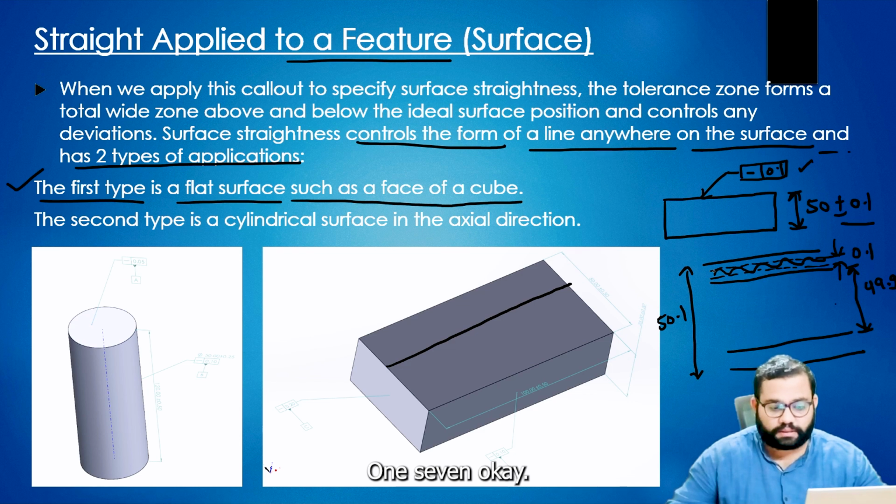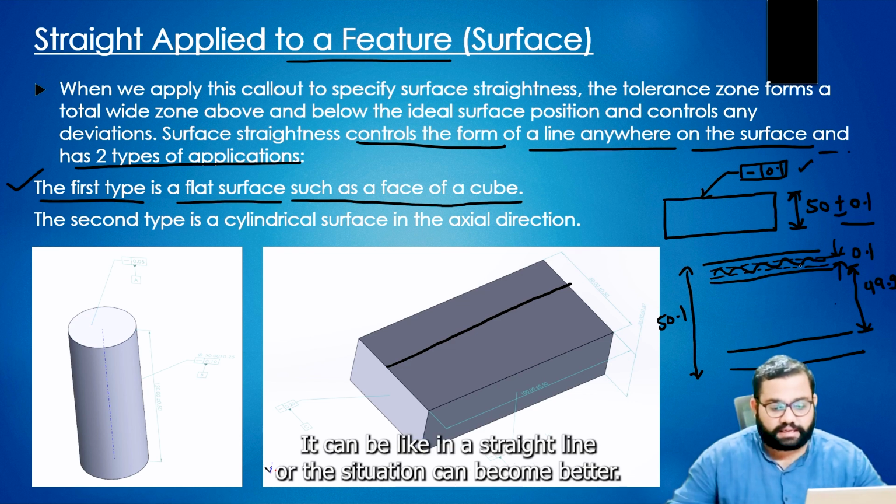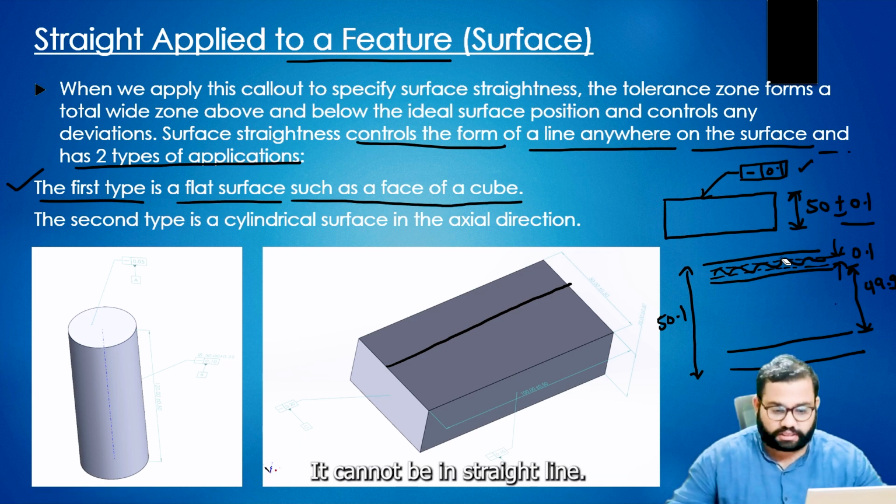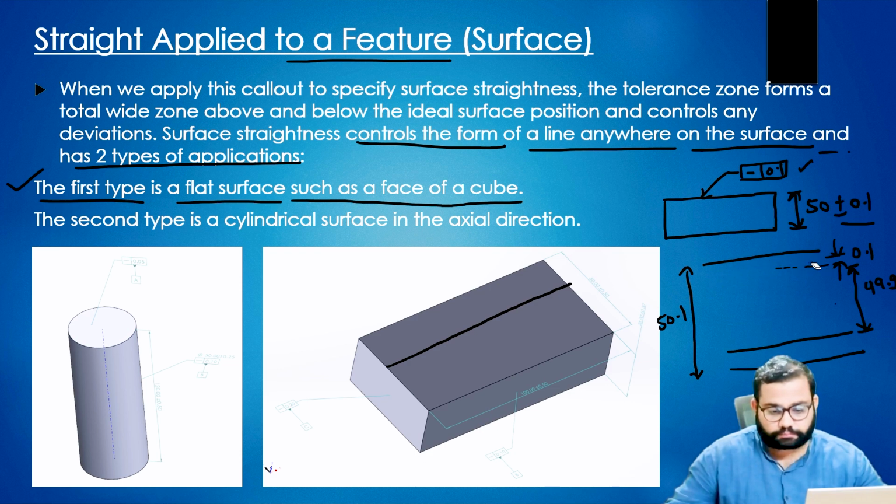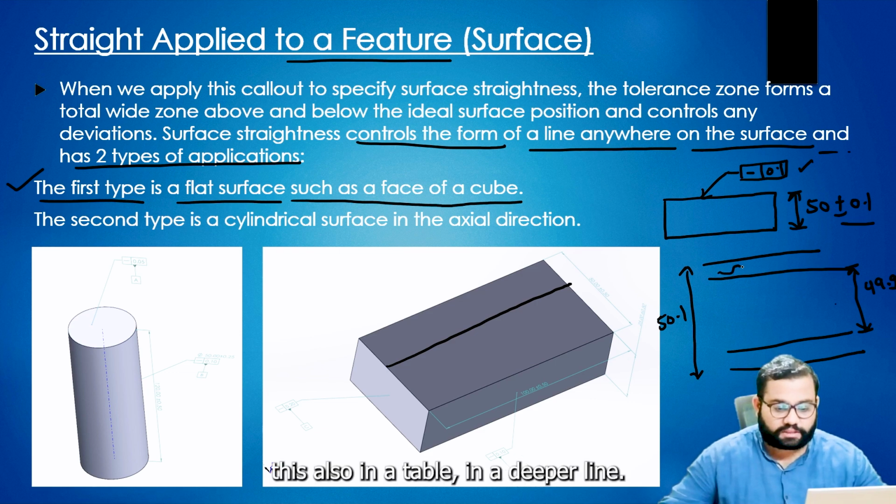mm. It can be like this in a straight line, or the situation can be that it is not a straight line. Let's say it can be like this also, in a taper line.